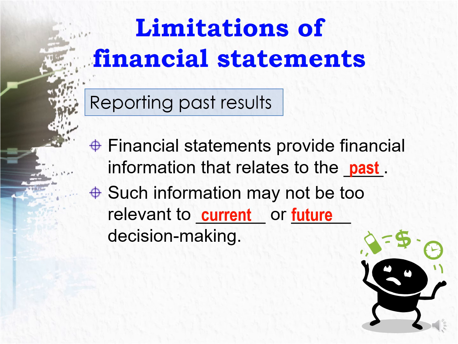However, in 2020, the economy is not good enough, or there is a recession. So the past result of 2019 doesn't mean that in the future we can still earn a lot of profit. The past result may not be relevant to make decisions for the future.